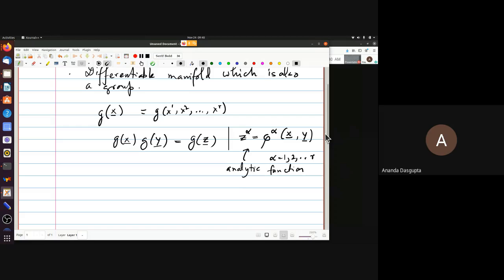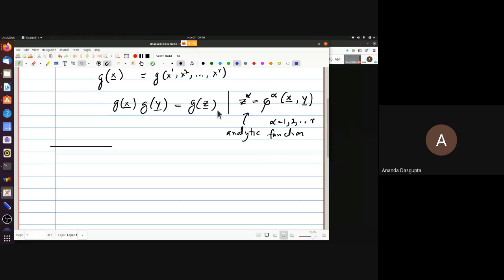And this dependence should be expressible by analytic functions. Not one analytic function, but really R analytic functions of two R variables each. So that basically is our version of a Lie group. We are going to talk about the parameterized version rather than the abstract differential geometric version.